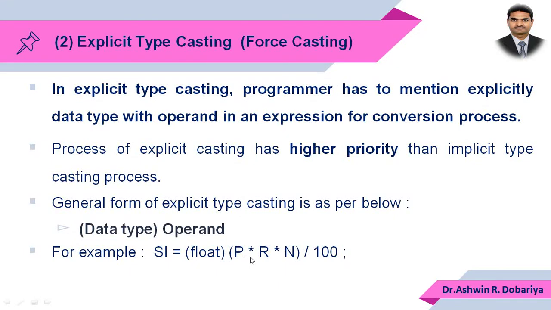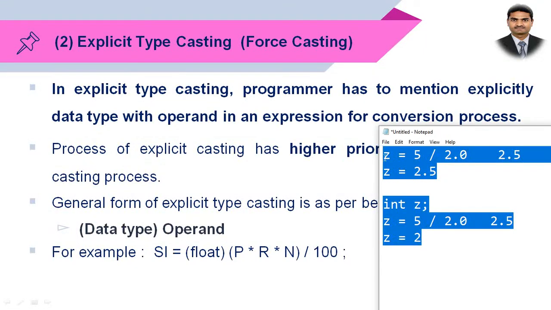5000.0, first it will convert into float. Now one operand becomes a float, then the other operands will be automatically converted into float by the compiler. So here first is the explicit typecasting, after that the compiler will do the internal typecasting, right? We can also mention this float in another way.